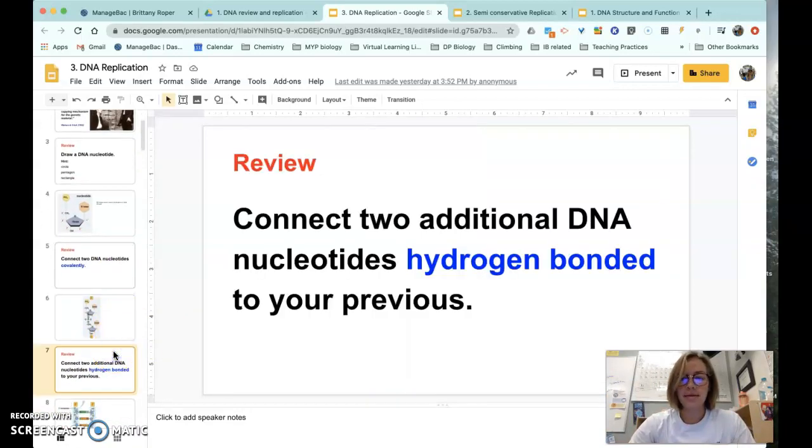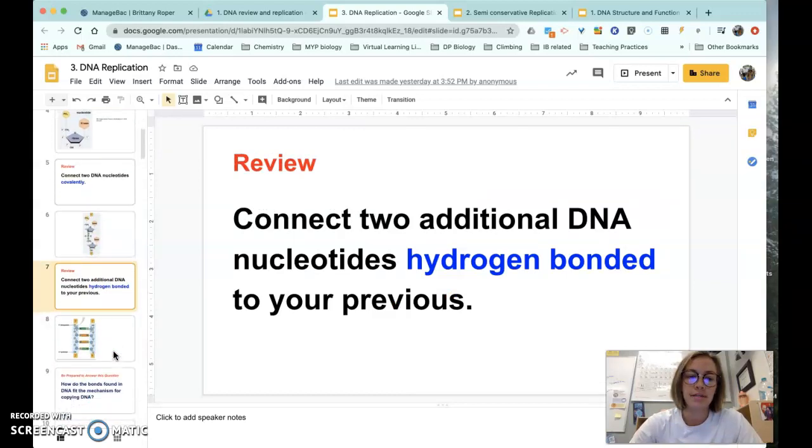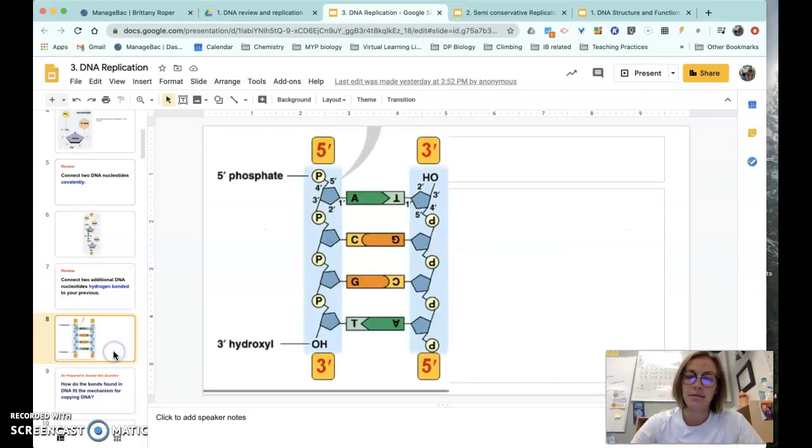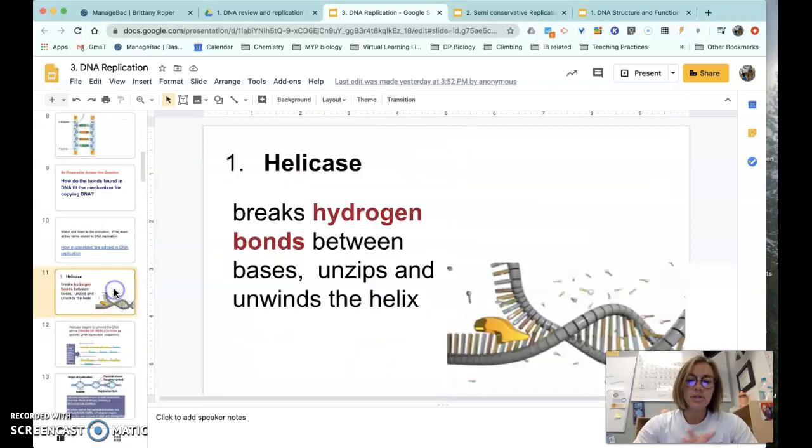Looking ahead, now if you can connect two additional nucleotides hydrogen bonded to your previous, try and think about what that might look like. And then notice here, remember we have a 5' end with that free phosphate standing out, a 3' end, which is a free hydroxyl.